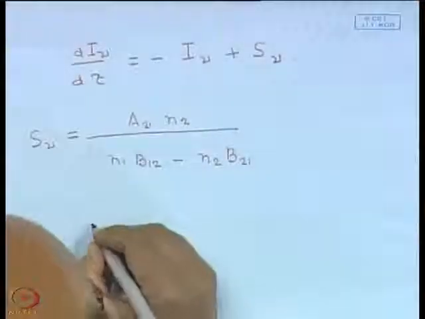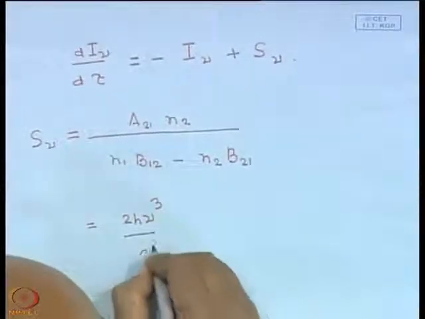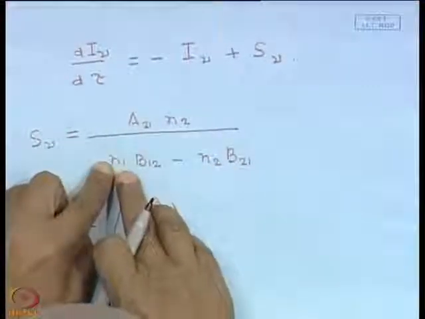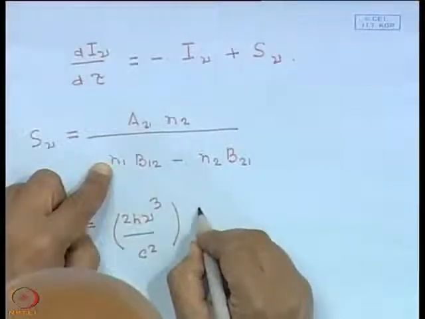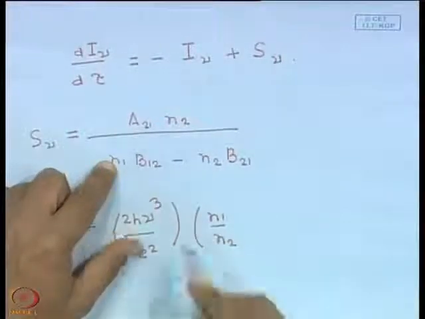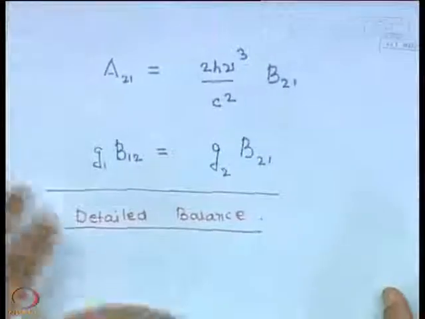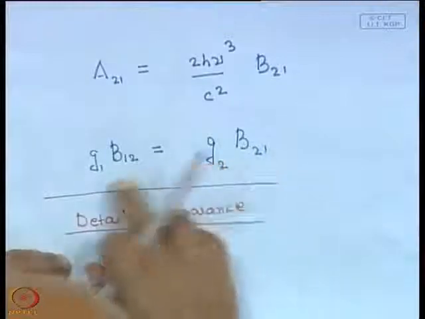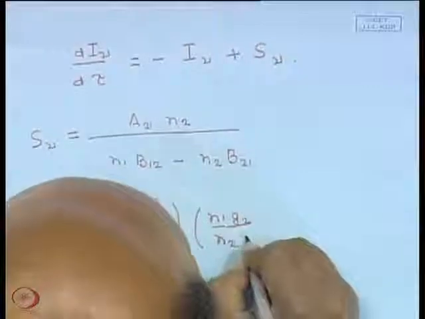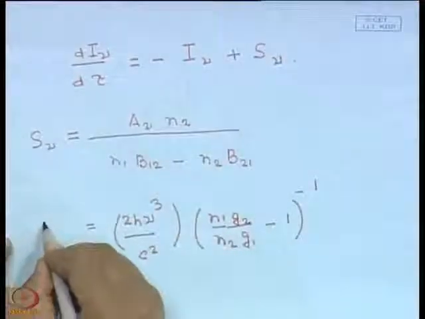So, this is equal to 2 h nu cube by c square into what remains, which is N1 by N2 into B12 by B21, and B12 by B21 is G2 by G1, the ratio of the degeneracies. So, that is my source function.